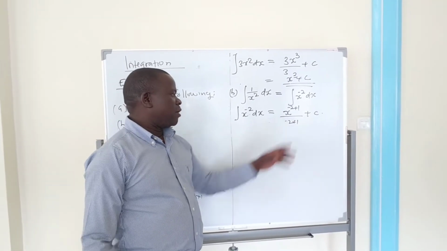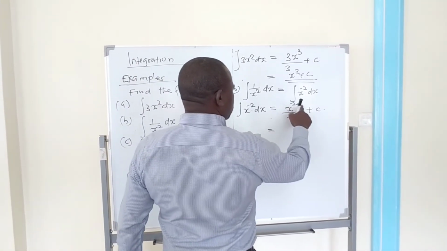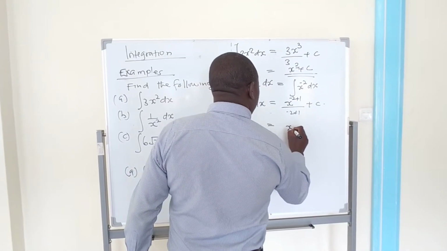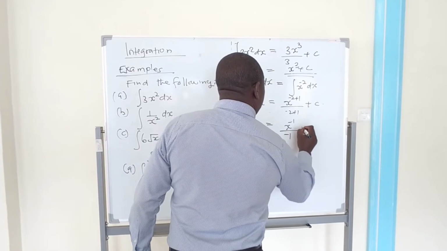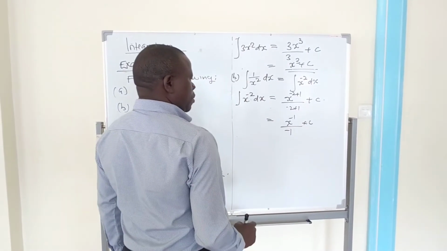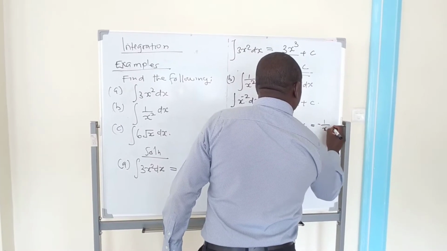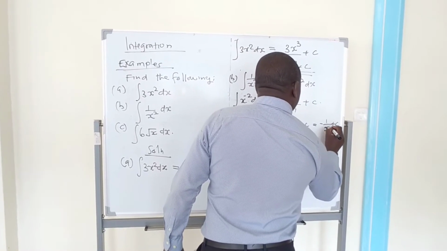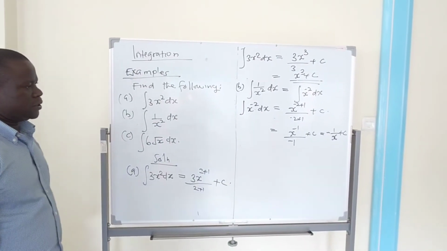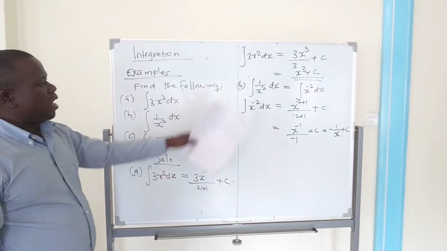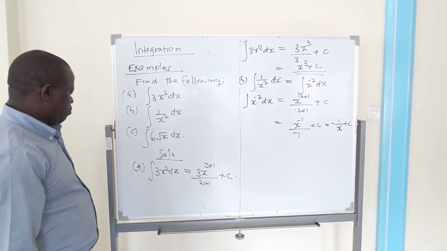Negative 2 plus 1 gives me negative 1, so x to the power negative 1 over negative 1, plus c, which gives me negative 1 over x plus c. That is the integral of this function. So this is how we apply our result, by adding 1 to the power and dividing by the new power.